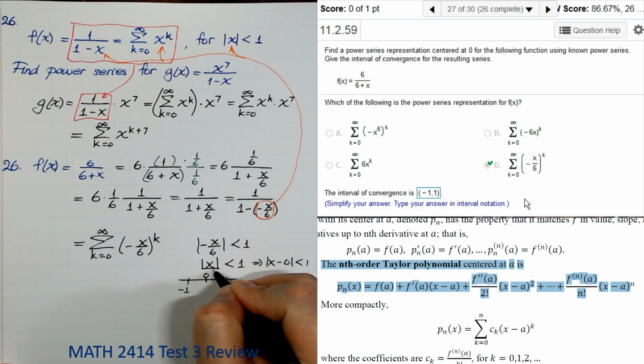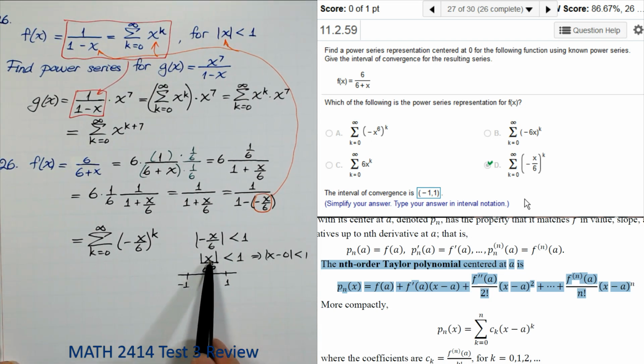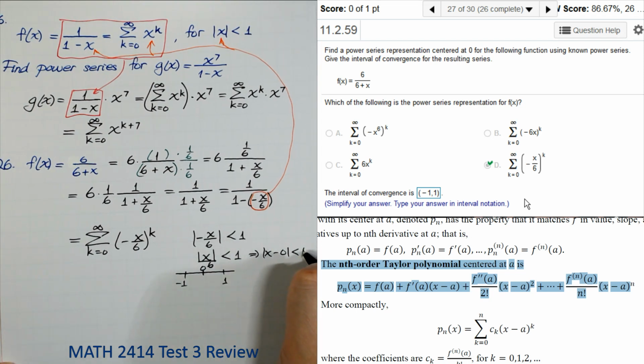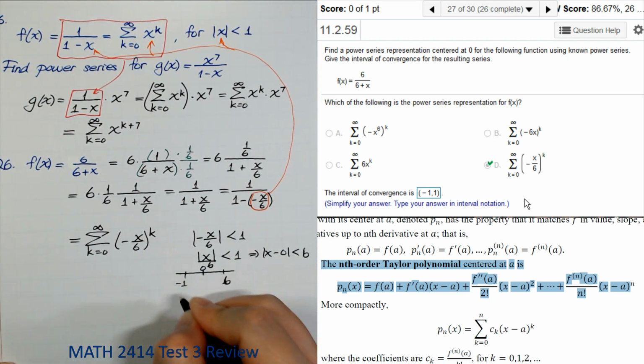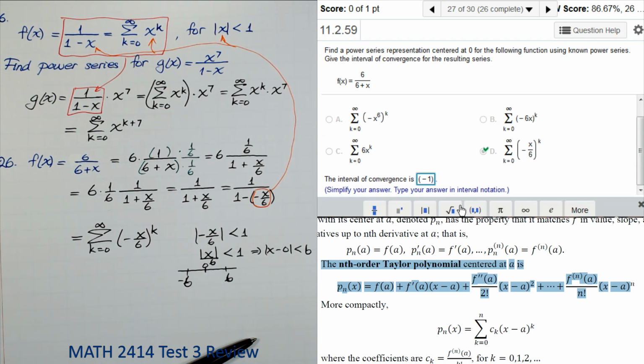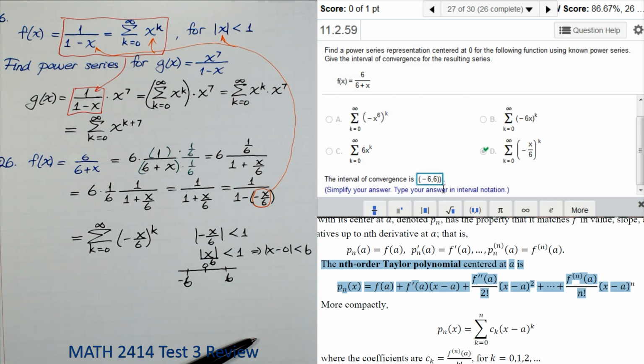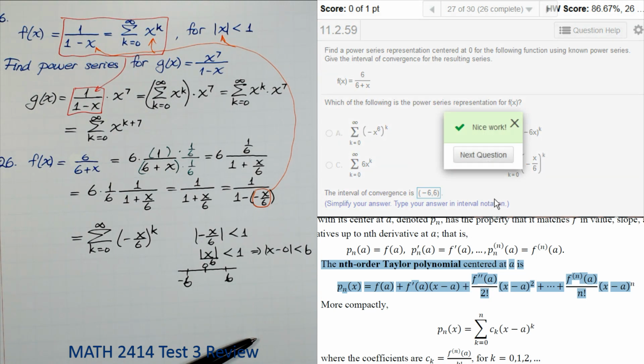I don't know what I do with the 6. Sorry, absolute value of x over 6 and multiply 6 on that side. So this should be 6. Sorry.